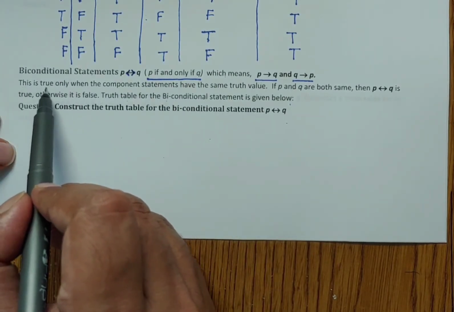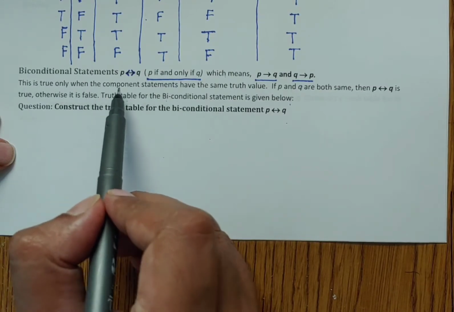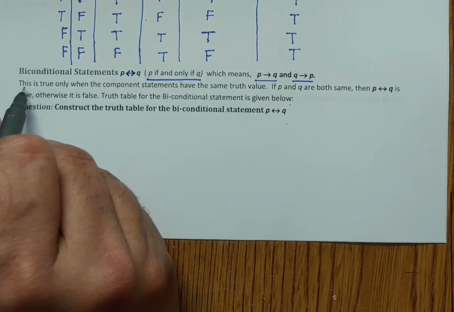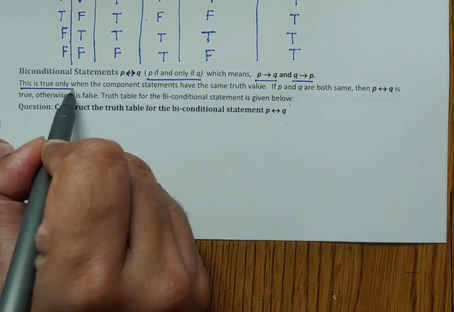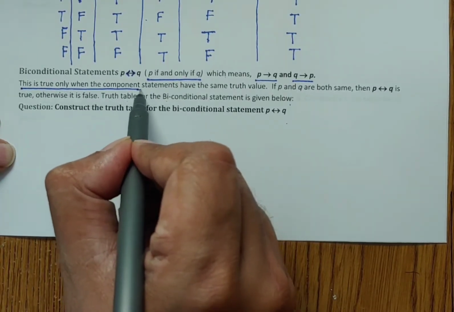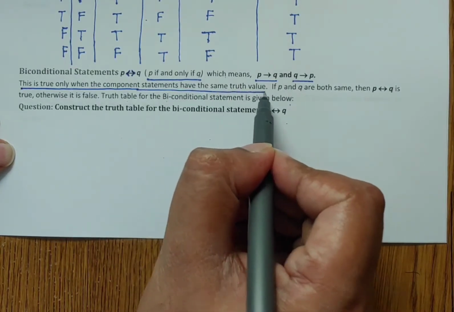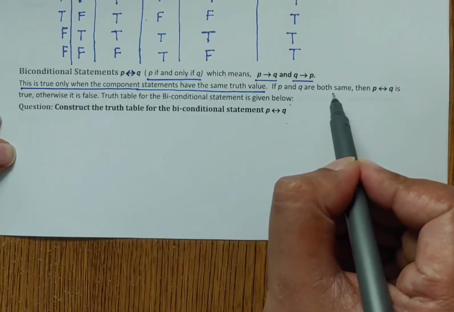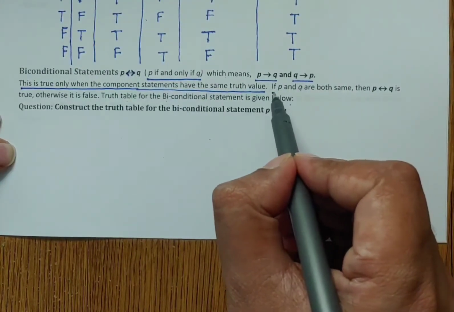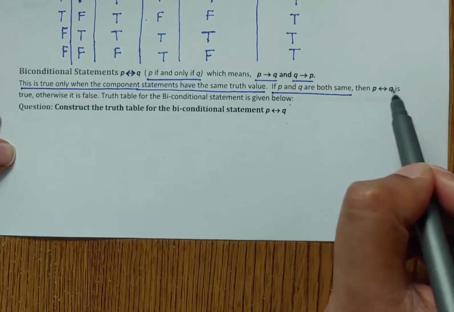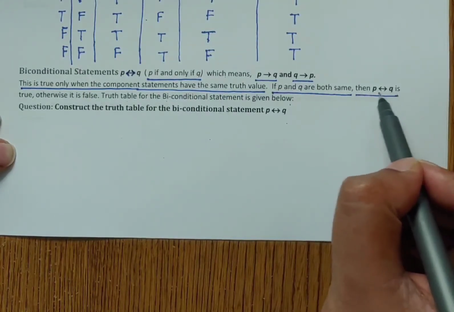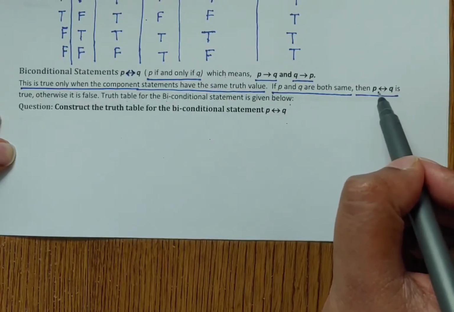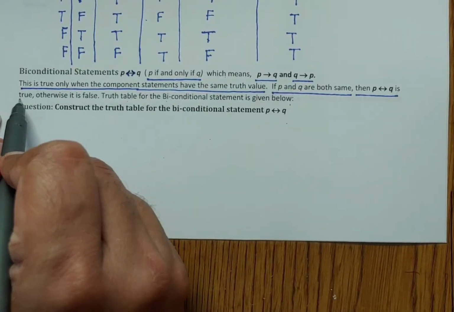And this is true only when the component statements have the same truth value. Okay, so this is important to know. So what does that mean? If P and Q are both the same, then P biconditional Q is true.